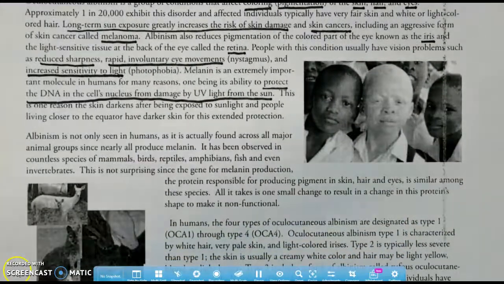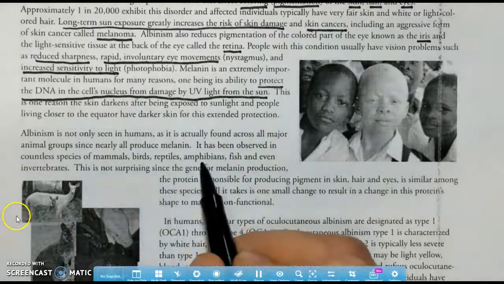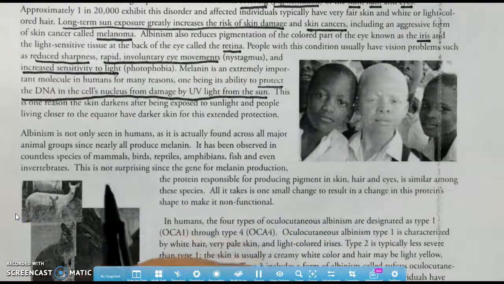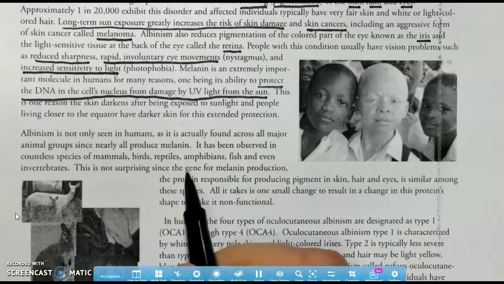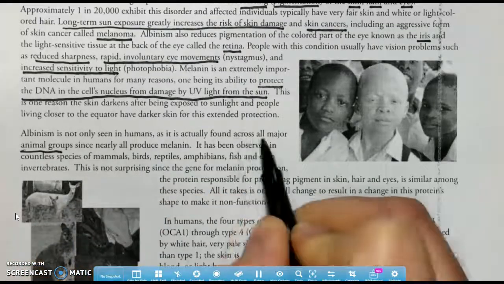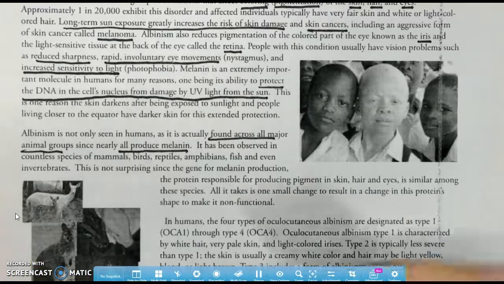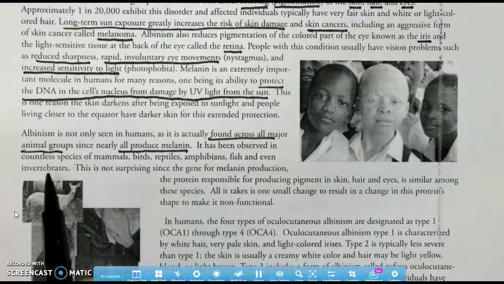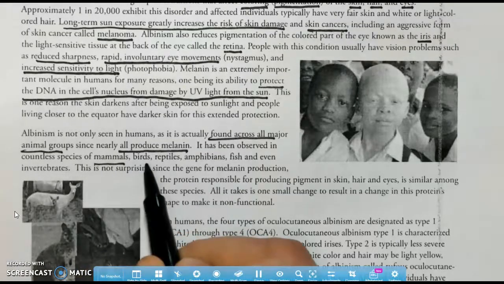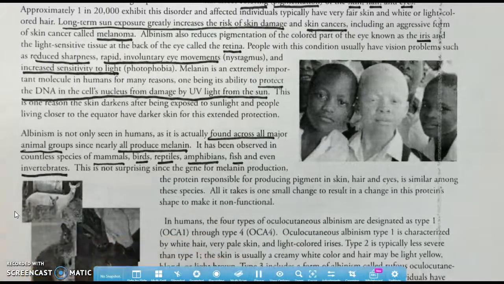Moving along. Albinism is not only seen in humans. It is actually found across all major animal groups because nearly all produce melanin. So that explains why some different animals also can be albino. It has been observed in countless species of mammals, birds, reptiles, amphibians, fish, even invertebrates.